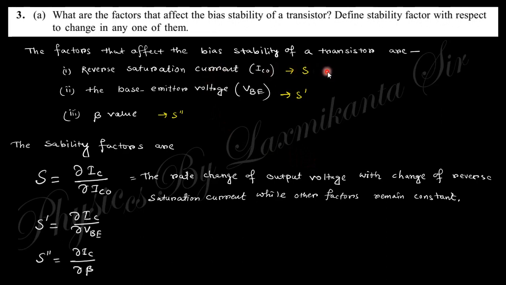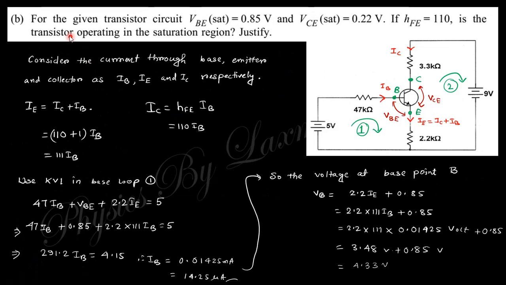The stability factors are denoted S, S prime, S double prime, and these are the corresponding definitions. We define one here: the rate of change of output current with the rate of change of reverse saturation current, with the other factors remaining constant. So this is the stability factor.